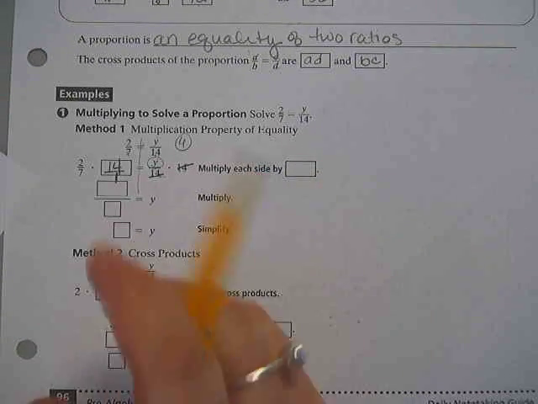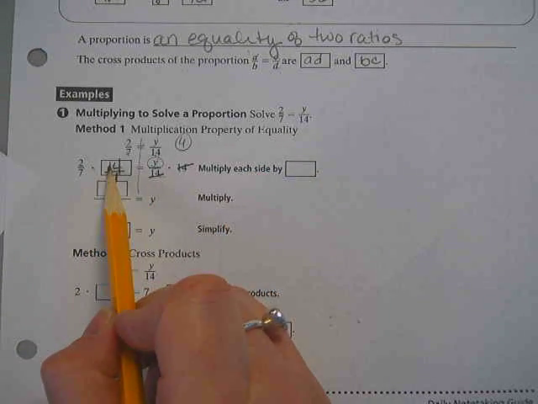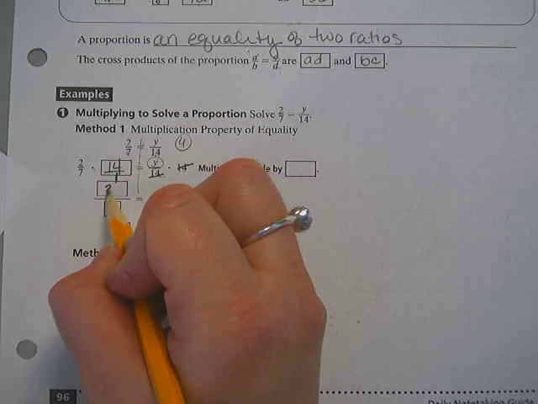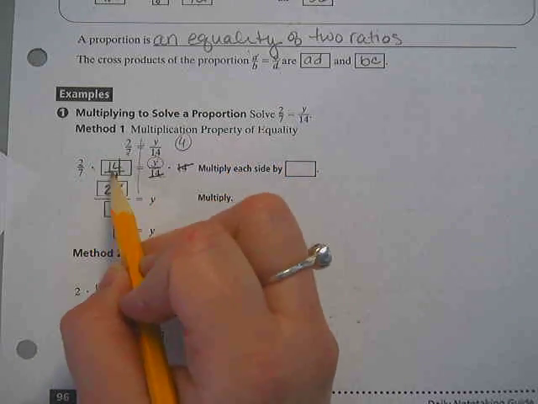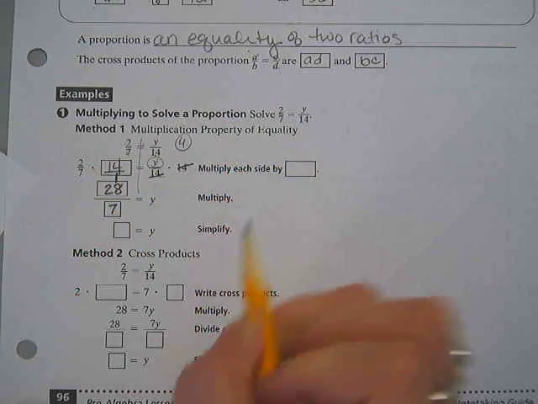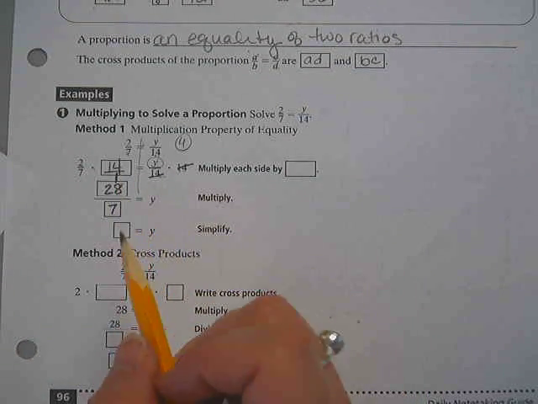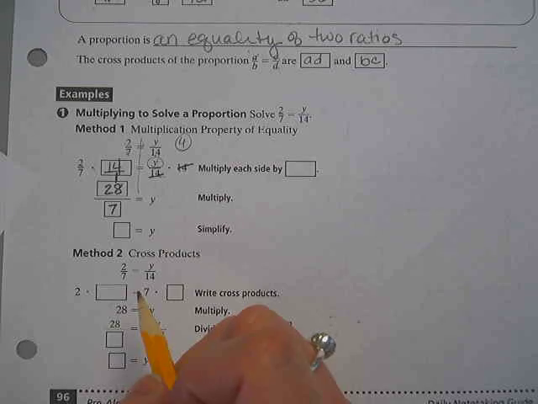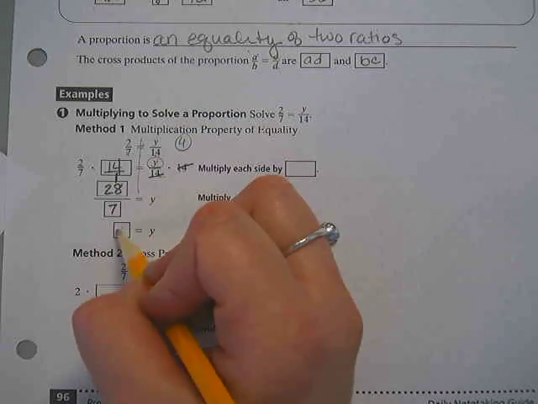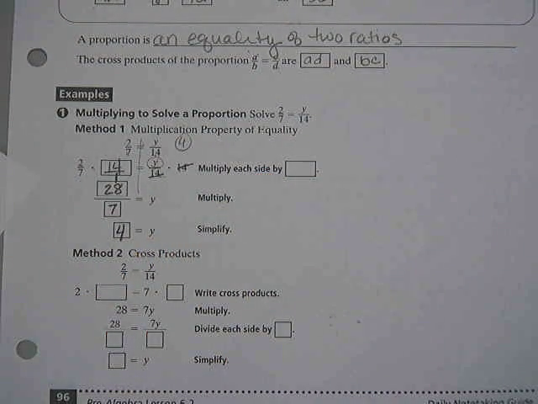Then we pretend 14 is 14 over 1. What is 2 times 14? 28. 7 times 1 is 7. And you probably could have canceled this off earlier, but 28 divided by 7? 4. y equals 4.